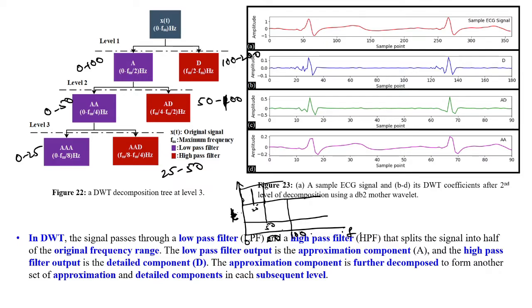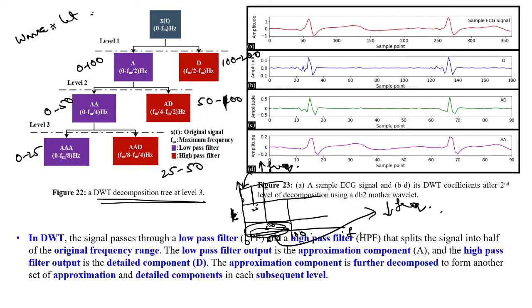compressed when we are going for the wavelet. Wavelet is basically, it comes from the two words wave and let. So wave is any kind of signal plus let. Okay.